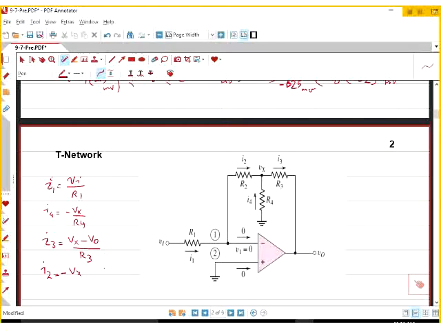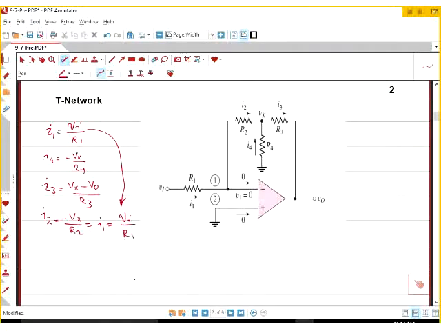I2 is minus Vx divided by R2, which has to be the same as I1, and for I1 we ended up with the first equation, Vi divided by R1. This gives you Vx equal to minus R2 over R1 multiplied by Vi.